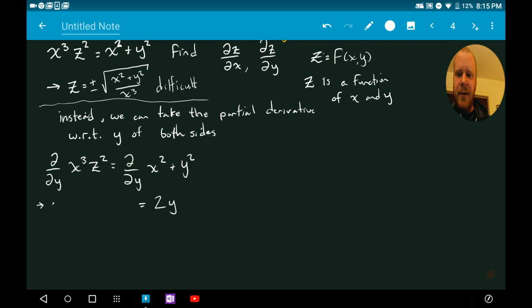So we can treat this like a constant, and we can just pull that out in front. This is going to be x to the third, and then this is going to be 2z, like you might expect, but we're also going to have a del z del y in there.